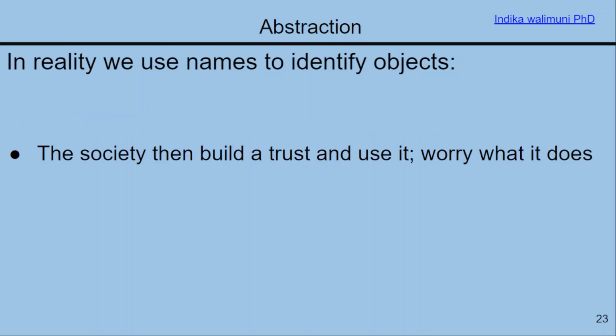The users or the society basically simply use it by that name. Okay. So basically, they have a trust that it does what it's supposed to do. So we have that trust. So usually general society doesn't worry about how it works. Okay.